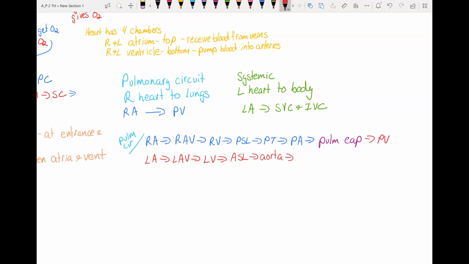The aorta branches to go all over your body, so those are systemic arteries, all those branches. Then we go into the systemic capillaries, where you give oxygen to your cells.